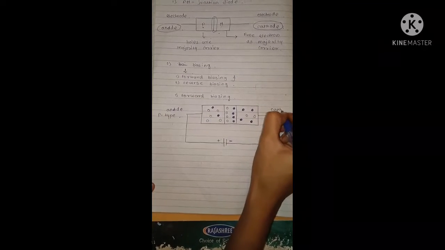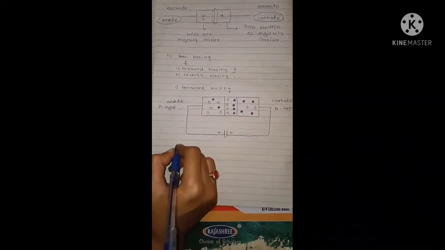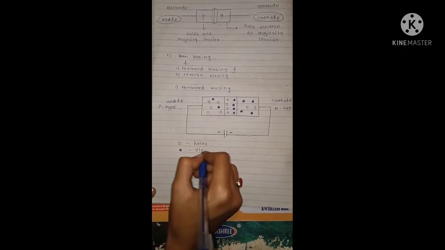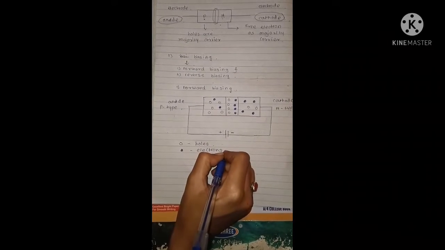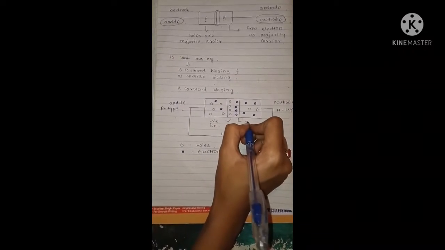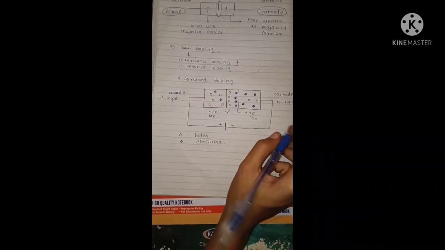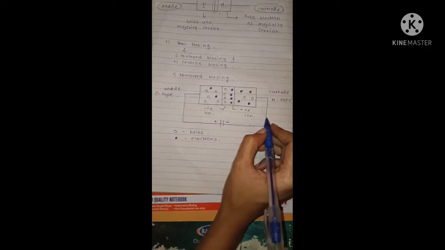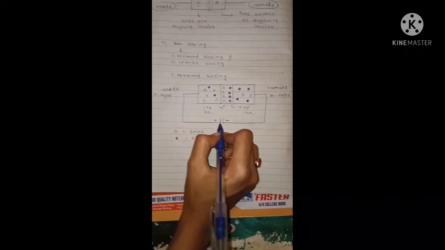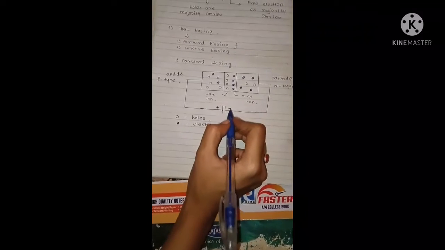This is the cathode, which is n-type semiconductor. The n-type region, or the cathode terminal, is connected to the negative side of the battery.